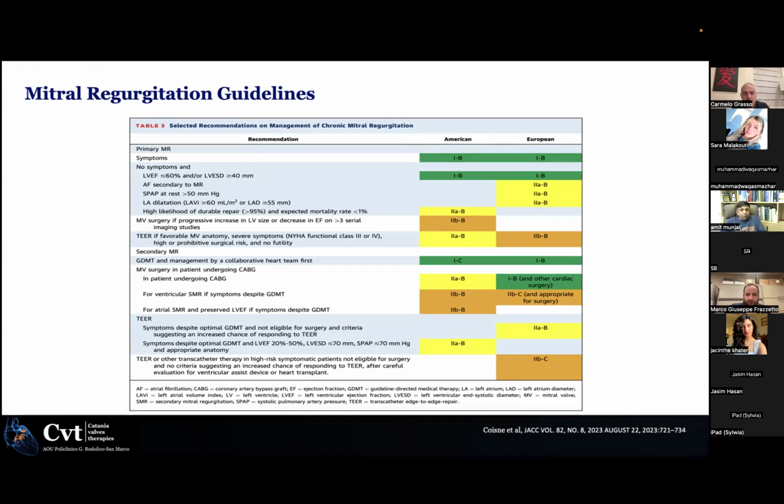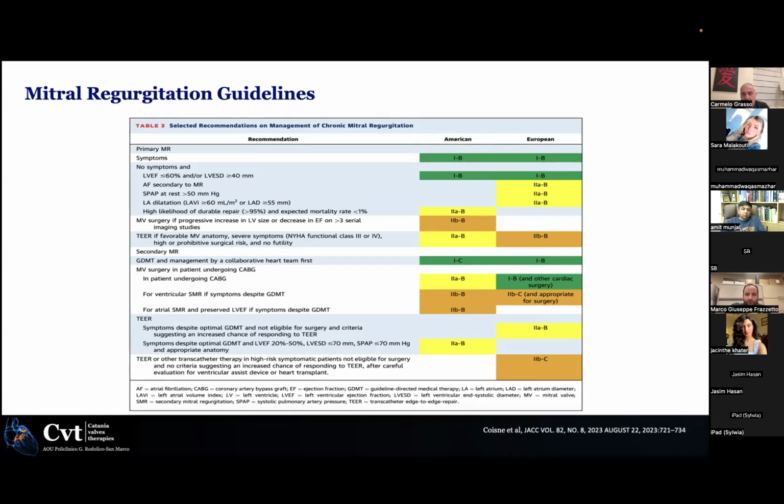When we deal with secondary MR, we have something different. In the European guidelines, we have an indication in case of another intervention, maybe CABG or another valve disease, with indication 1B, and it's a little different in the United States, where the recommendation is 2A.